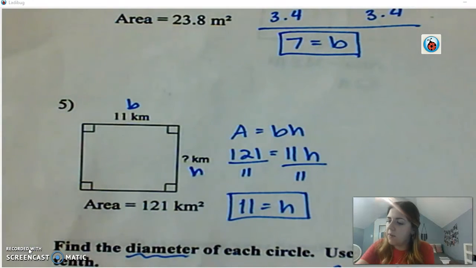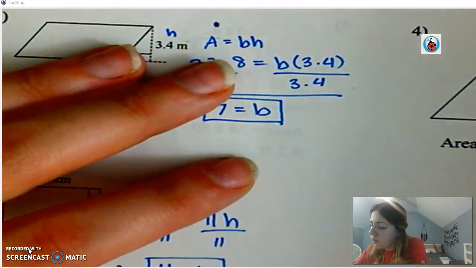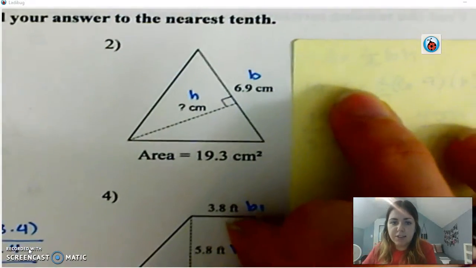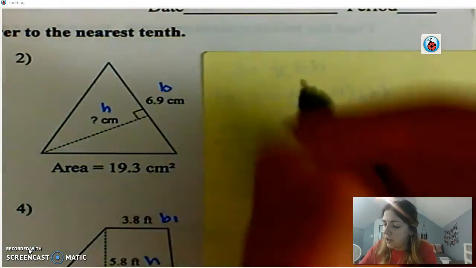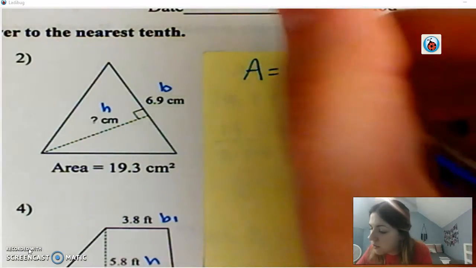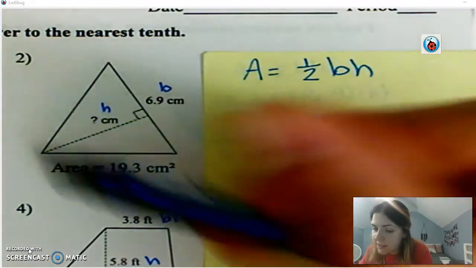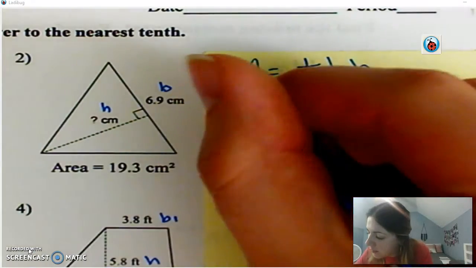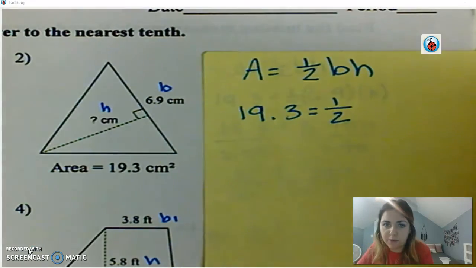With something like a triangle or a trapezoid, this formula gets a little more intense. So if we move up and look at this triangle example on number 2, remember, the formula for the area of a triangle is 1/2 BH. In this scenario, it told me my area was 19.3 equals, and that 1/2 is just a number, it just goes there.